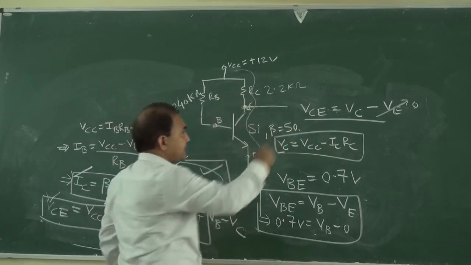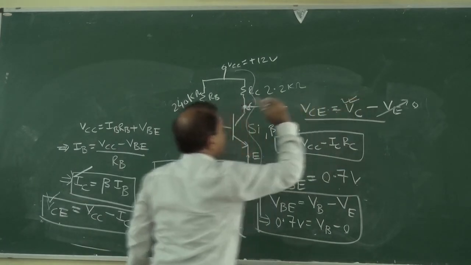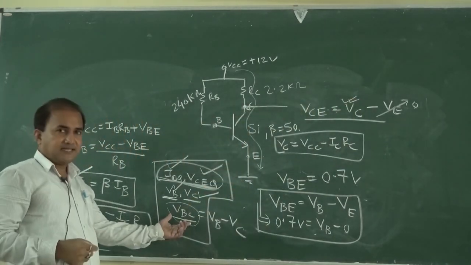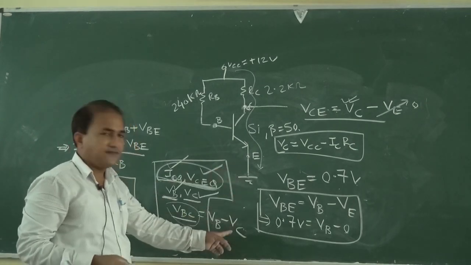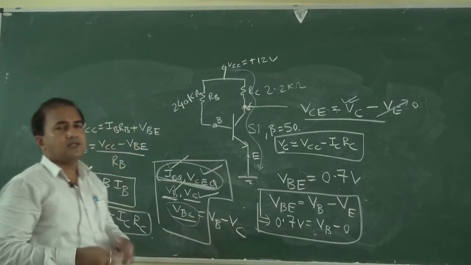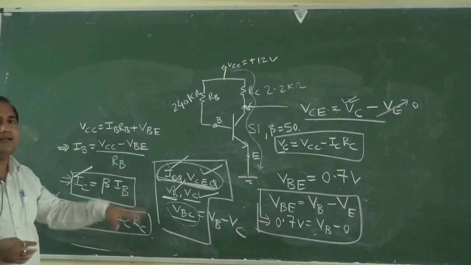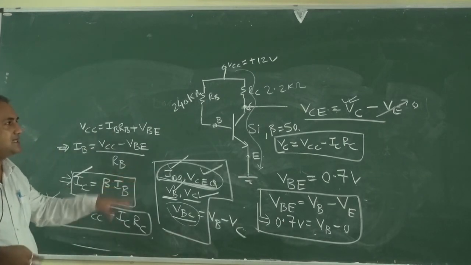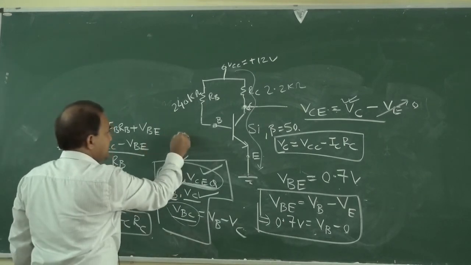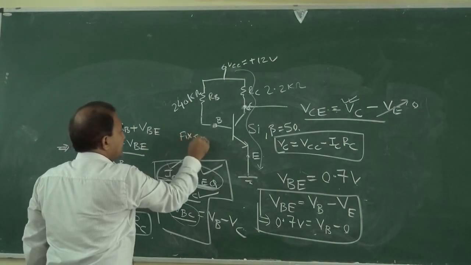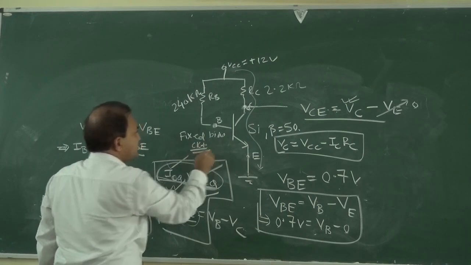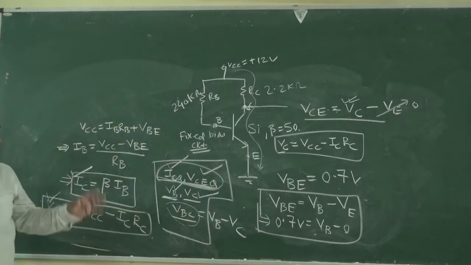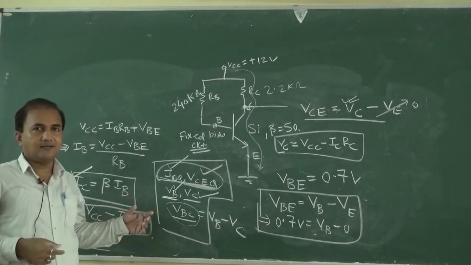So in this way we can determine VC. Then VBC is equal to VB with respect to ground minus VC with respect to ground. So in this way we can determine these quantities, and this is the fixed bias circuit. So we have seen a few examples on the fixed bias circuit. Okay, thank you.